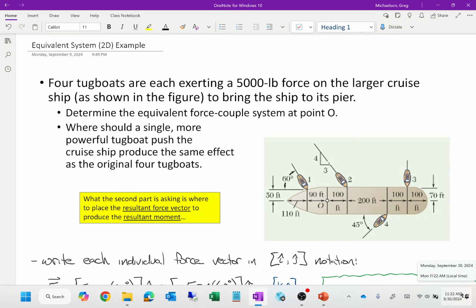Tell me what R3 is. 400i and 70j. And then R4 is negative 70j. Does that make sense? Everybody okay with that? And these are all in feet, right? So again, we're going from the point of origin to where each force is.